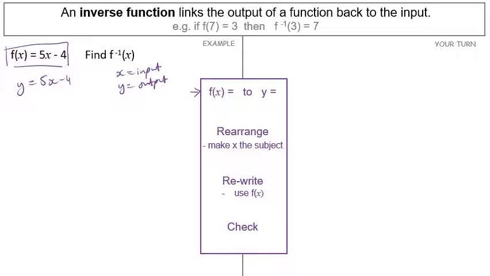For our inverse function, we're going to need to rearrange our formula here to make x the subject in terms of y. So flipping around the way we've done it. To do this, we're just going to follow our normal rules for solving an equation.